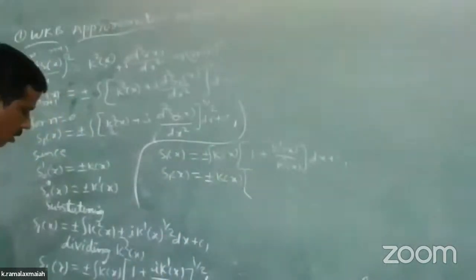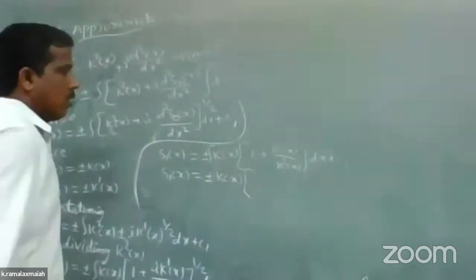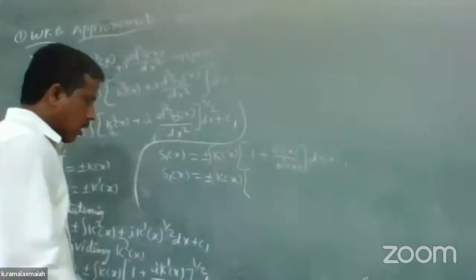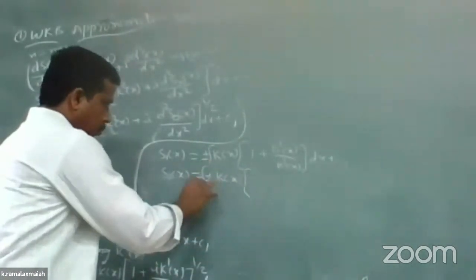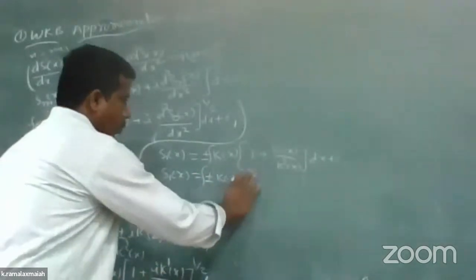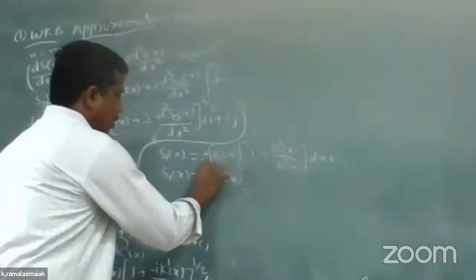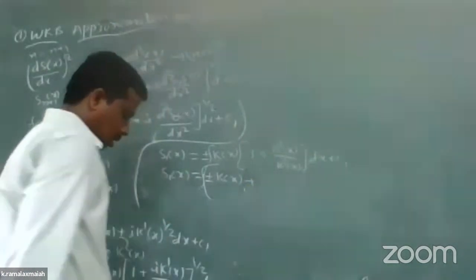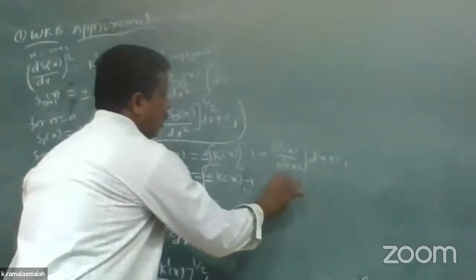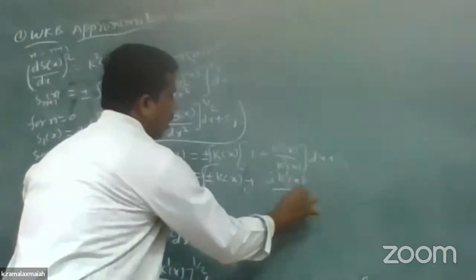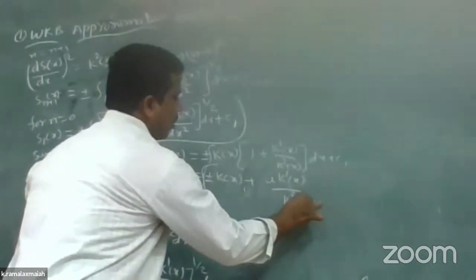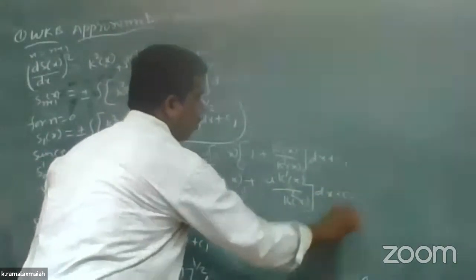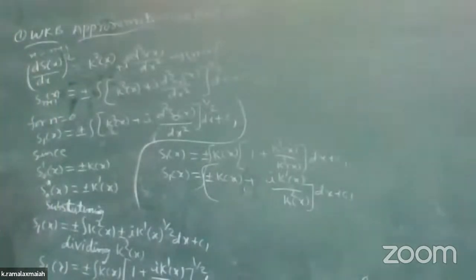You are right, the integral sign. This is also an integral. That's the mistake. So here also you have the integral, plus or minus k of x value, in the bracket here, plus i k dash of x by k square of x dx plus c1.